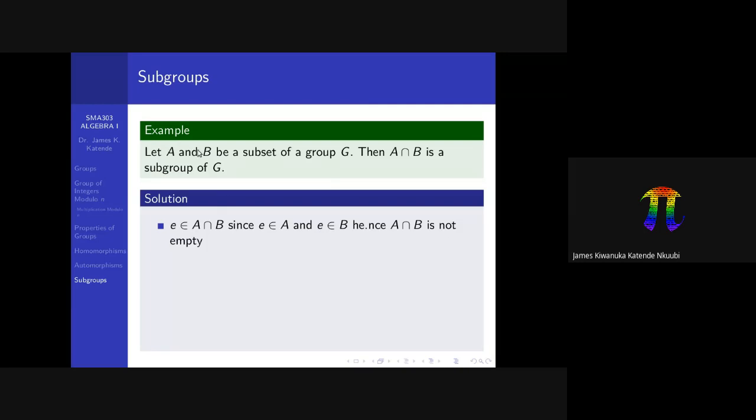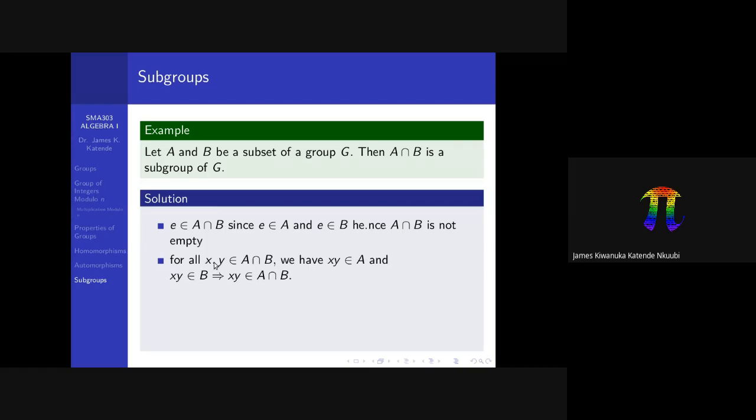Since A and B are both subgroups, they both contain the identity element, and therefore the identity element will be in the intersection. And that means the intersection will not be empty. It will have at least one element, and that's the identity element. So if you pick any two elements in the intersection, there should be a comma. Sorry, no, there's no comma.